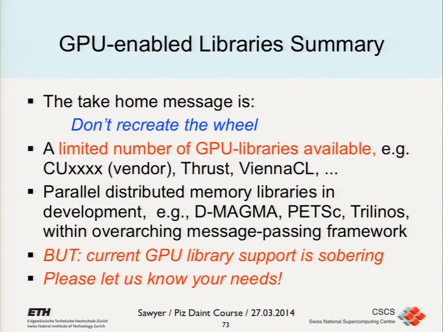There's PETSc, which has active development, PDE problems, this monolithic library. The Trilinos team at Sandia has extensive GPU efforts ongoing, but the current status is rather sobering, okay? We need more development efforts. There's not so much which can actually be used on Piz Daint today.